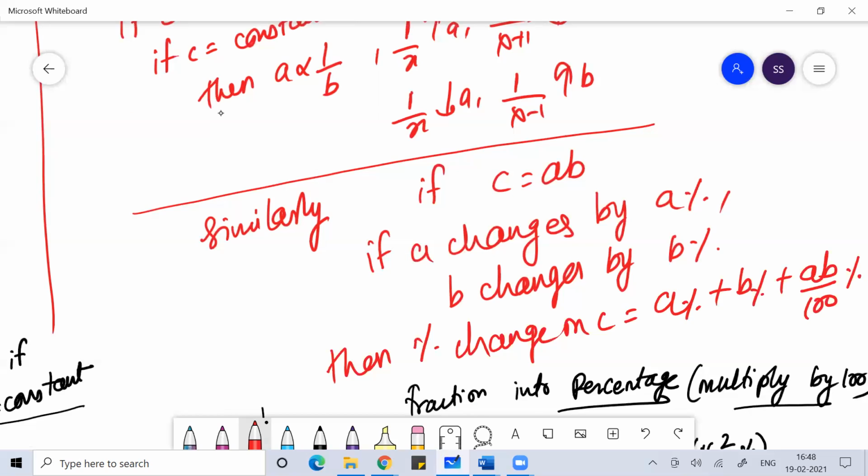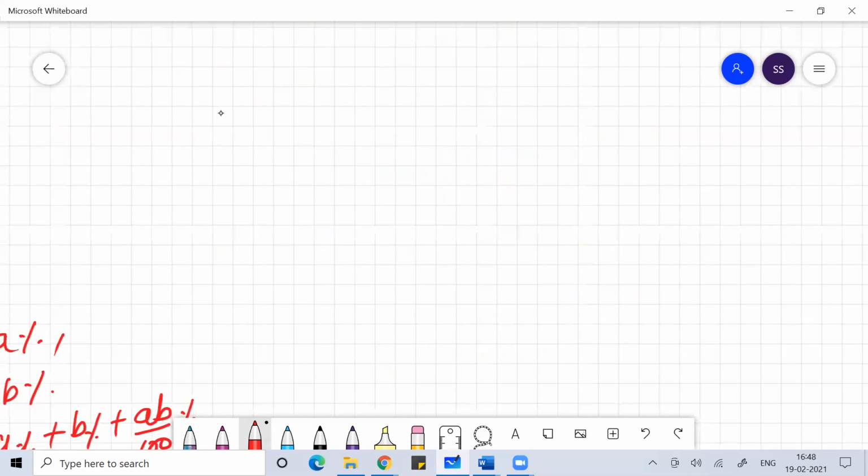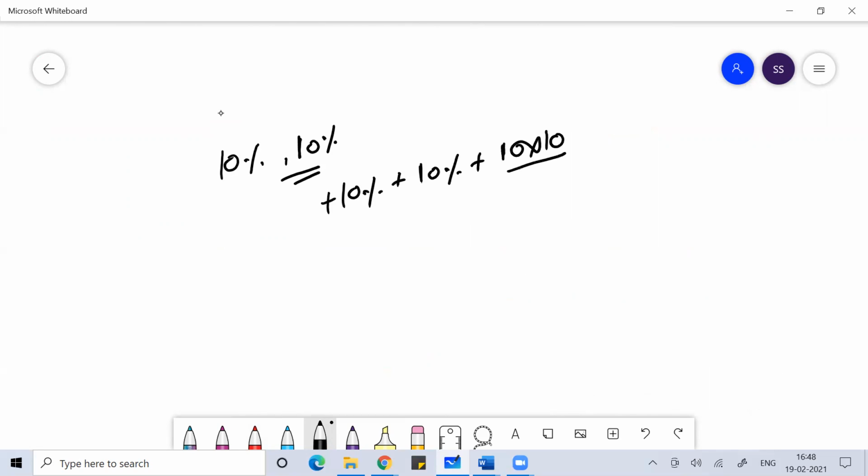So 10% followed by 10%, 10% change followed by 10% change. So the net change will be 10% plus 10% plus 10 into 10 by 100%. Solve this, you'll get 21%.